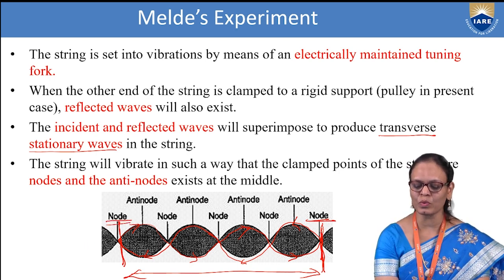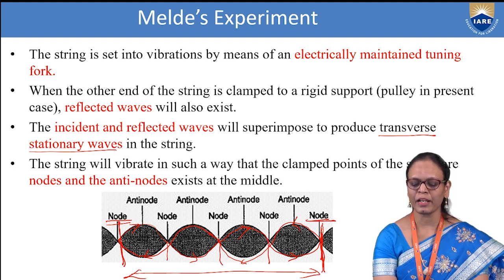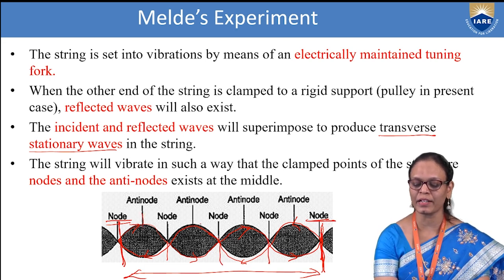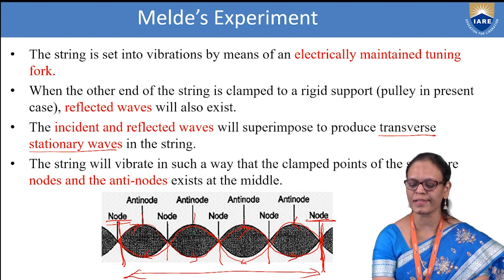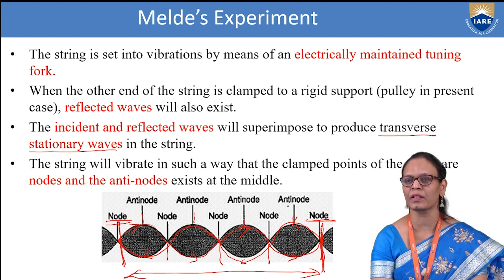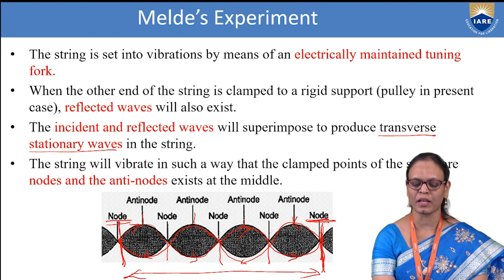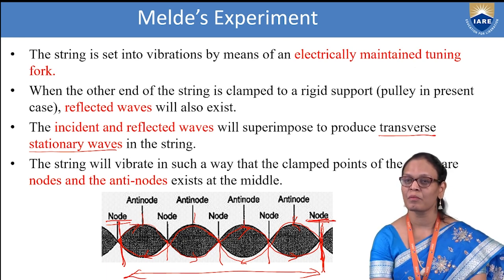And in between two nodes we have antinodes. You need to understand what nodes and antinodes are. Nodes are points where the displacement is minimum. You see here the displacement is minimum, zero we can say. At all these nodes, the displacement of the particles is minimum. You call them nodes.